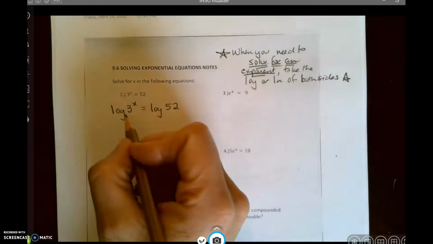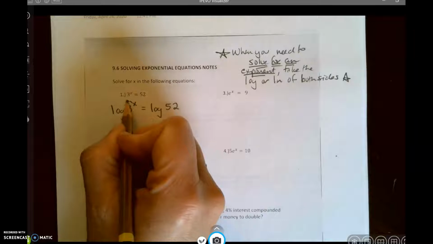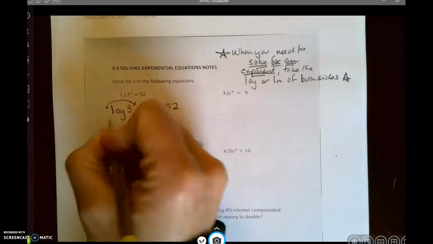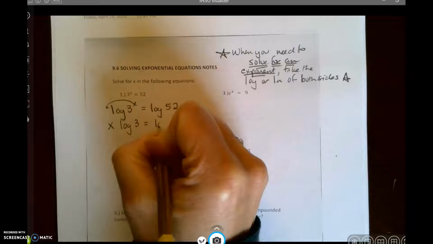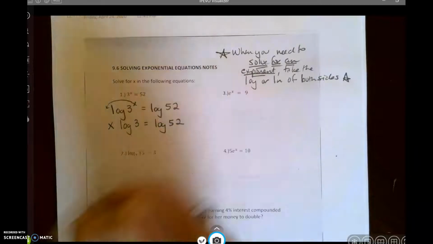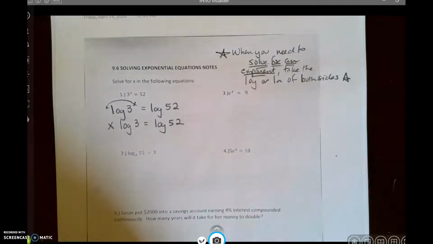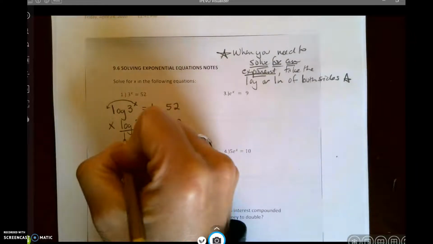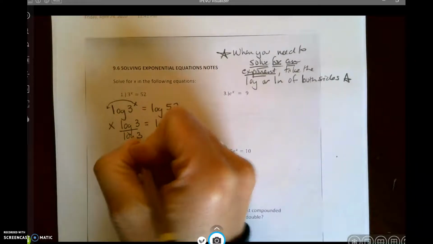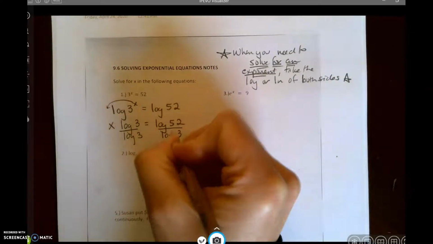Well, we know from expanding that I can move that exponent to the front, and it becomes x times the log of 3 equals the log of 52. Well, to solve for x, I can divide both sides by the log of 3.